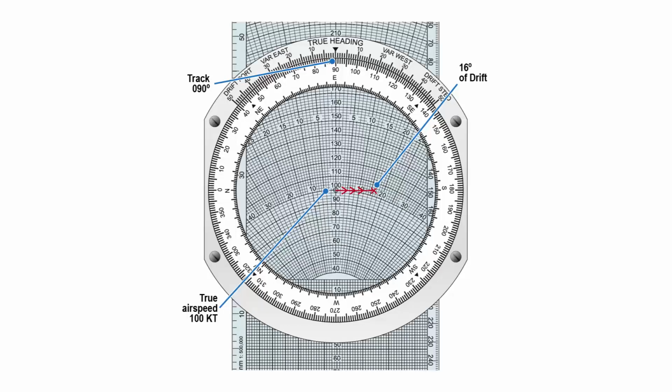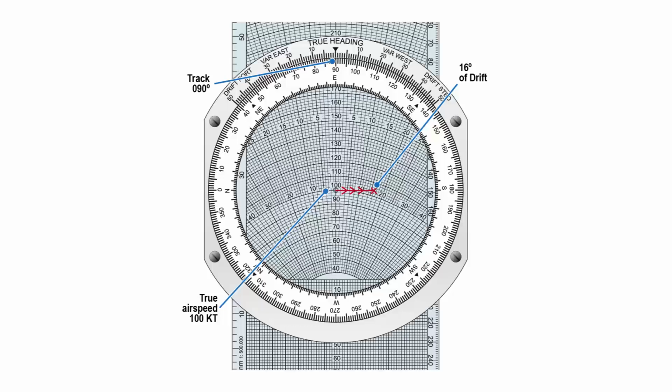This makes sense because if the aircraft is pointing 090 due east and our wind is coming from 360 due north, it will be coming from the left-hand side and pushing the aircraft right in a starboard direction.